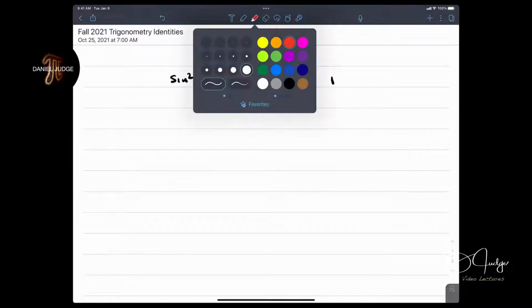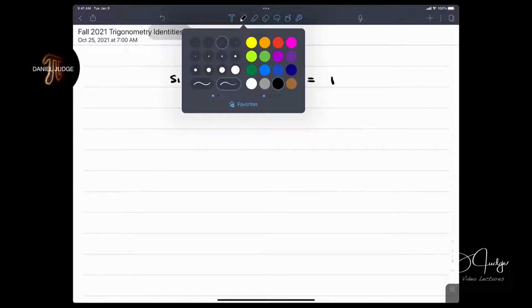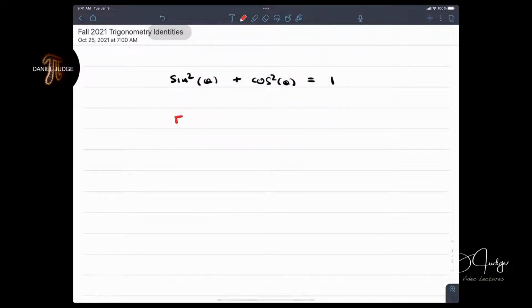This is an example of our first identity. It's called a Pythagorean identity. And if you look at this and you say, well, that looks like a formula to me, and I'm going to put a question mark here on the iPad: formula. It's not a formula. It's an identity.